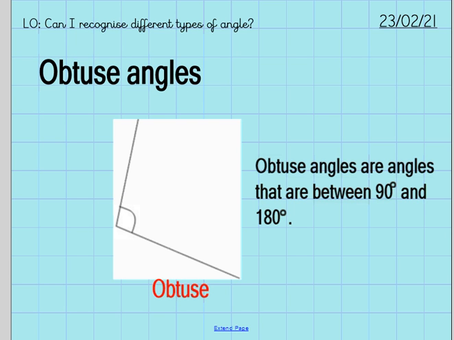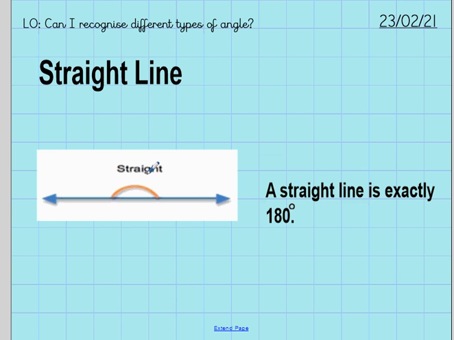And again, we've got a specific name for 180 degrees, and that's a straight line. A straight line is exactly 180 degrees. If we measured all across here, 180 degrees, that becomes really clear if we add in a straight line here.